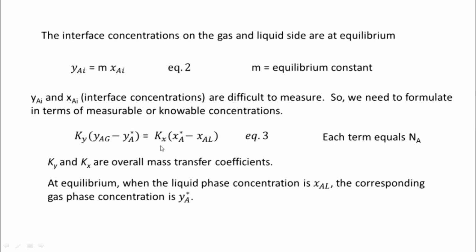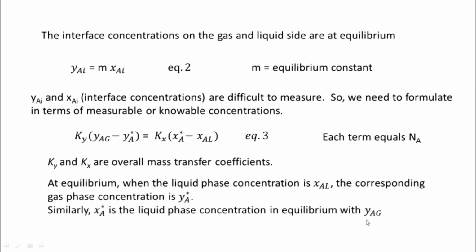Similarly, on the liquid side, it is an overall mass transfer coefficient Kx times Xa star minus XAL. Xa star is the concentration that is in equilibrium with YAG, the gas phase bulk concentration. Ya star is the gas phase composition that is in equilibrium with the liquid phase bulk concentration.